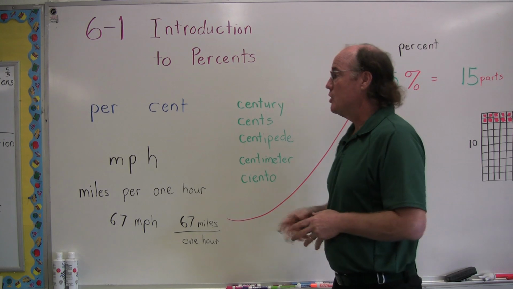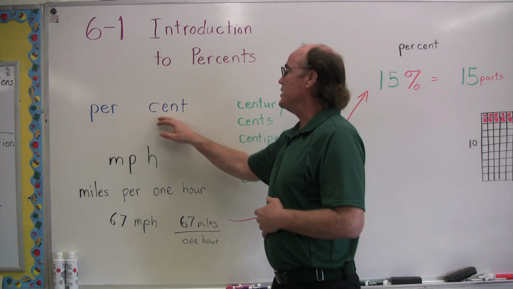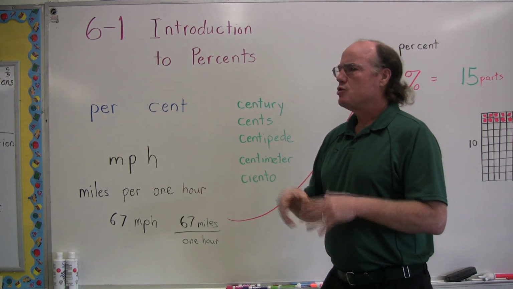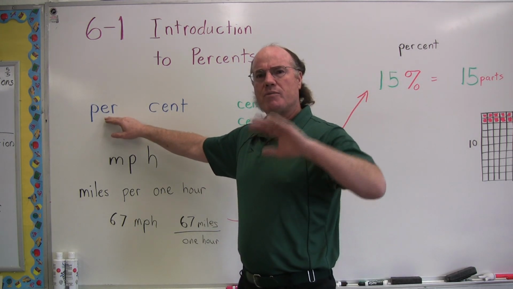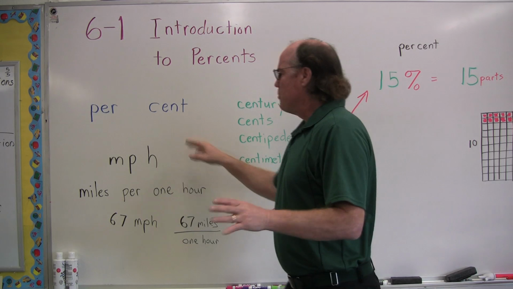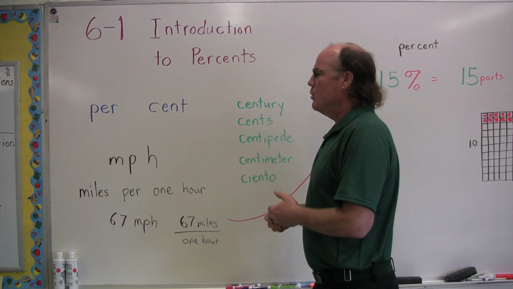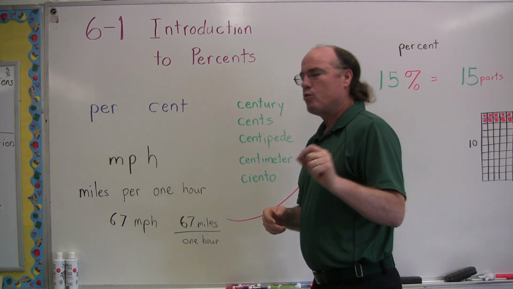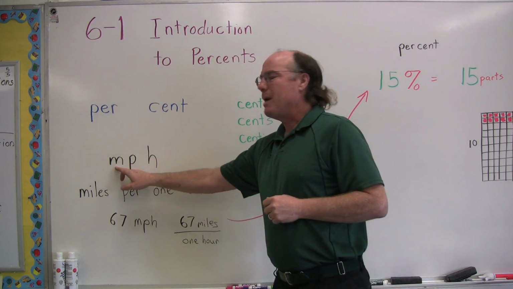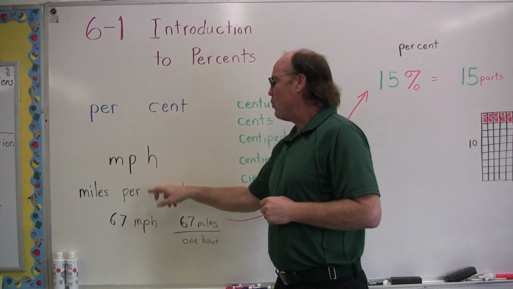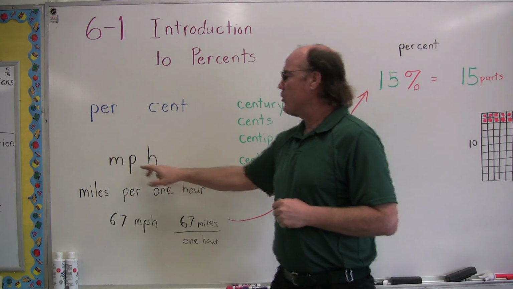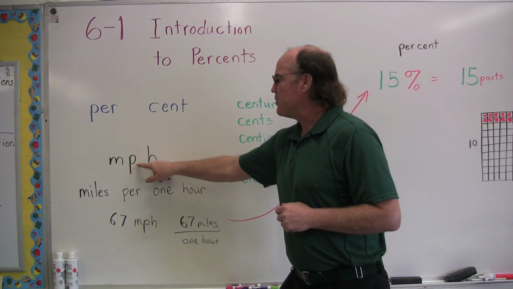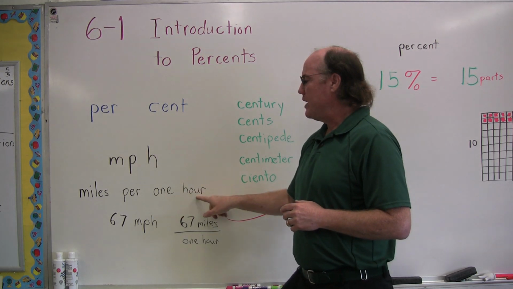So if we understand that cent maybe is 100, and then per we understood from the last chapter, remember when we talked about per with ratios and especially rates, miles per hour and miles per 1 hour. Remember, in rates, after the per, it was for each 1 hour.